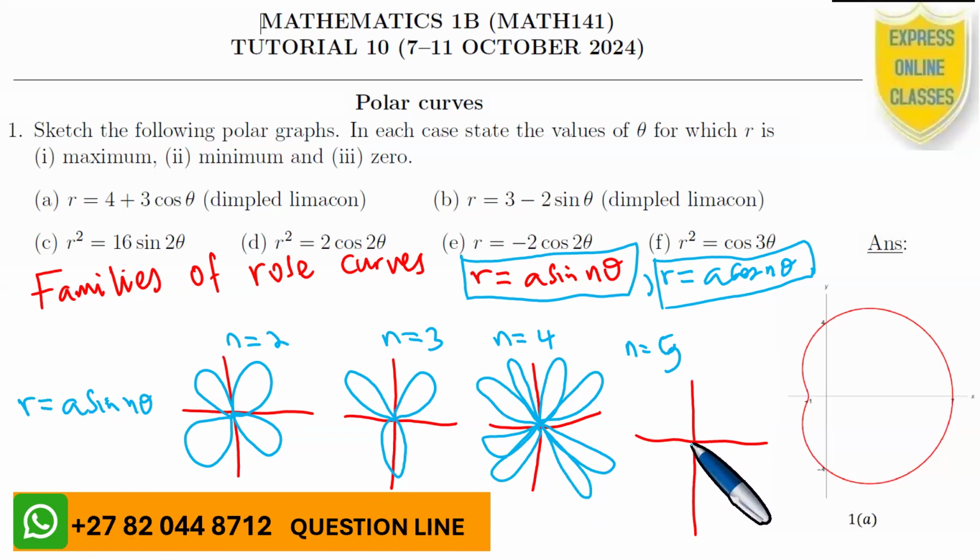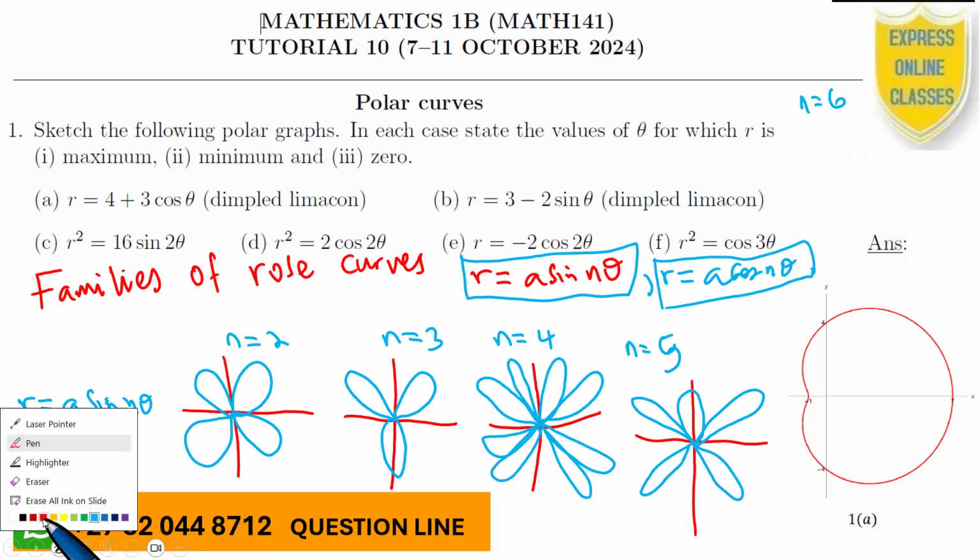So you have this one, this one, this one, this one, and this one for n equals 5. And then there's another one for n equals 6.